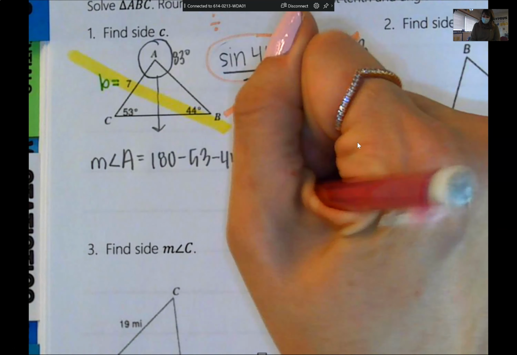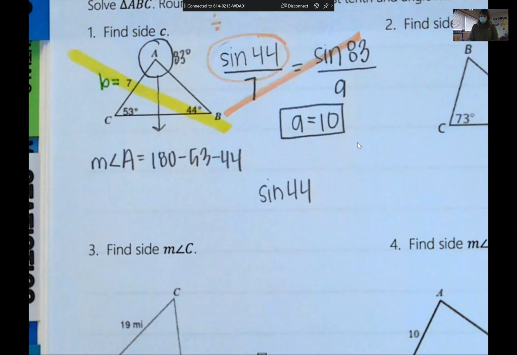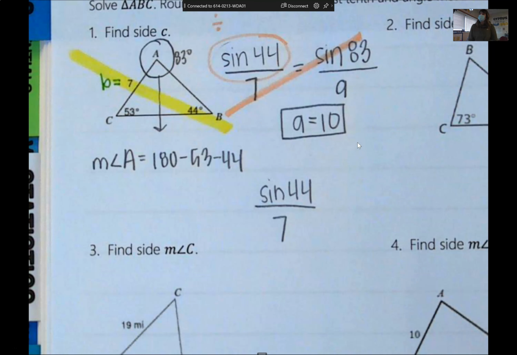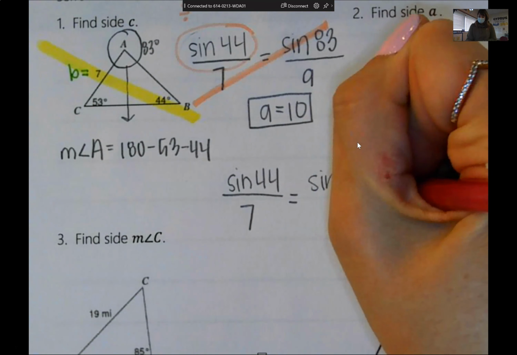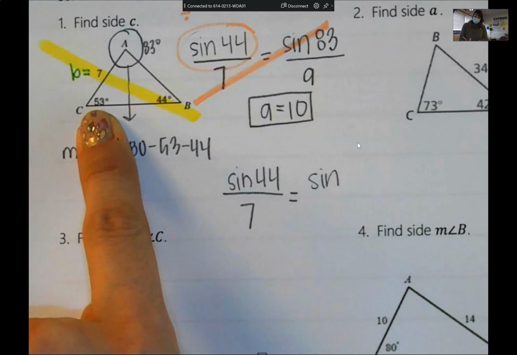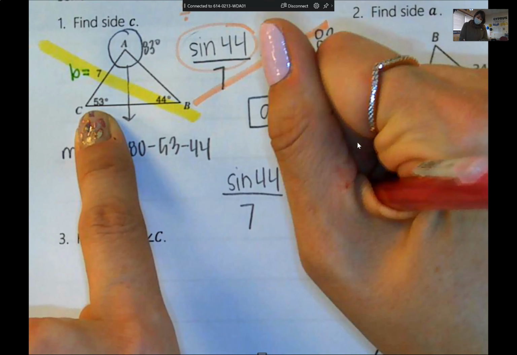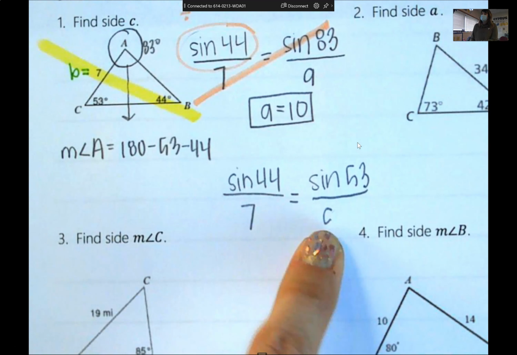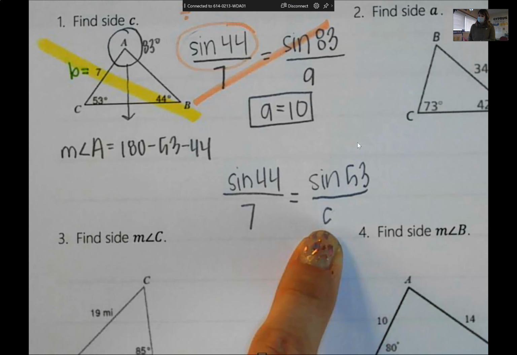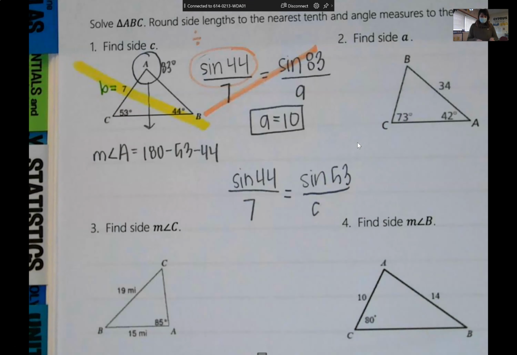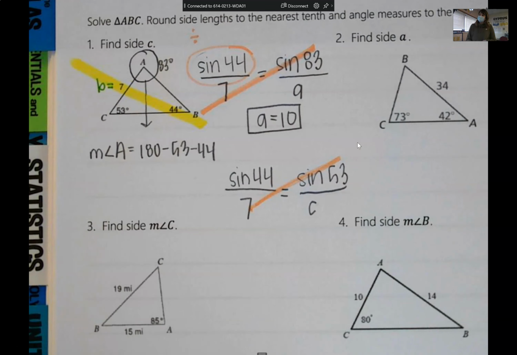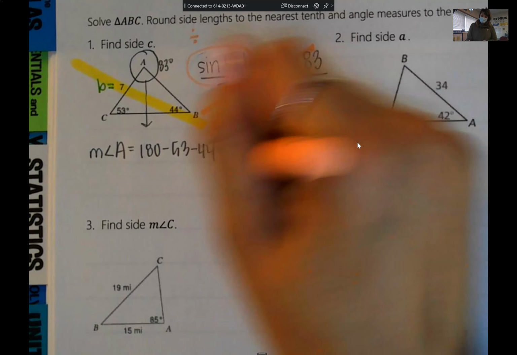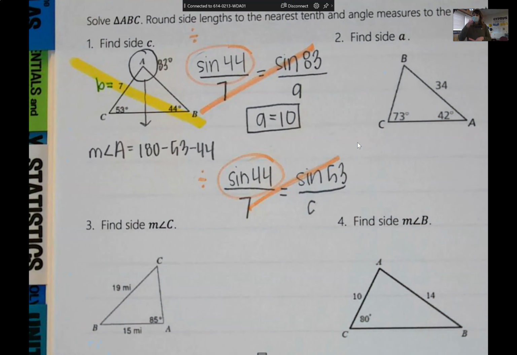So sine 44 over 7 equals the sine of angle C, so 53, because we're trying to find side length C. And just like we did in the last problem, we cross multiply the diagonal values that are known and divide by the leftover. So I can flip back to Desmos.